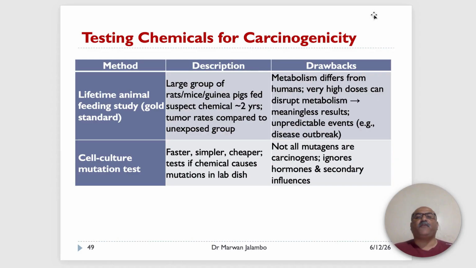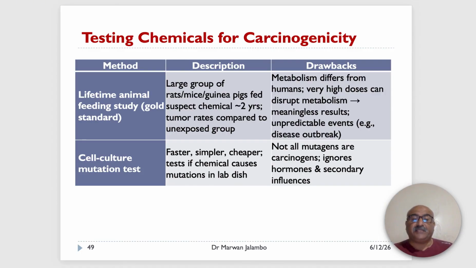Testing chemicals for carcinogenicity. There are two methods, each flawed. The gold standard is the lifetime animal study. Feed a large group of rats or mice the suspect chemical for their whole life, about 2 years, and compare tumor rates to an unexposed group.